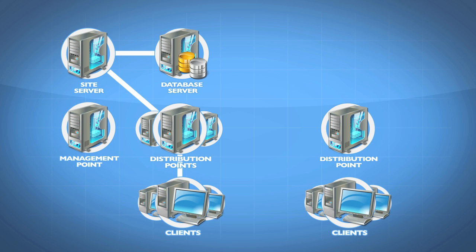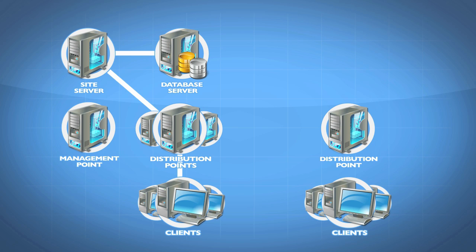They're going to connect to the distribution points, really any one of these that have been designated for them, and download the large application packages when they have to install a package that's been deployed to them. Or we also have operating system images that go out to these distribution points as a part of an OS deployment. Those can be quite large. So there's a number of different elements that are at play here.